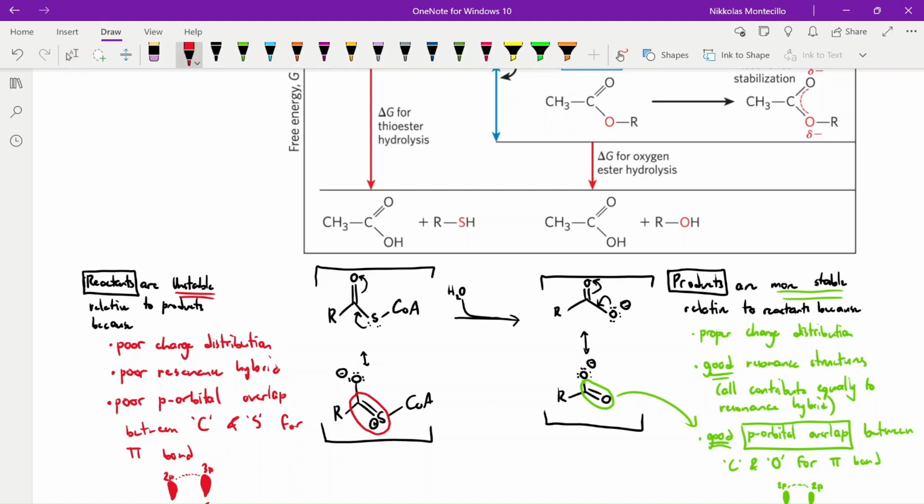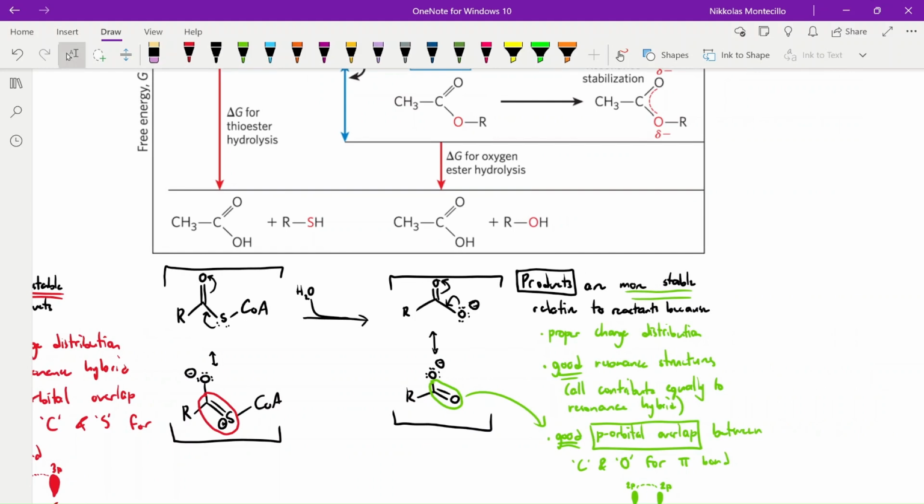This charge is placed on the sulfur ion, which is not typically observed. Hence, we see that the reactants are unstable, and thus it favors hydrolysis, because otherwise the reactants would be more stable.